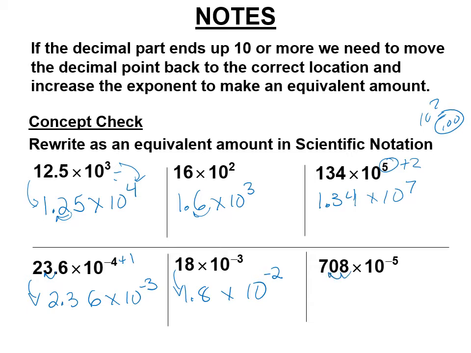All right, again, we're moving it twice. So this time we're making 708 into 7.08, so we're adding 2 to this, and it's times 10 to the negative 3rd. You move it once, you add 1. You move it twice, you add 2 to make it equivalent.